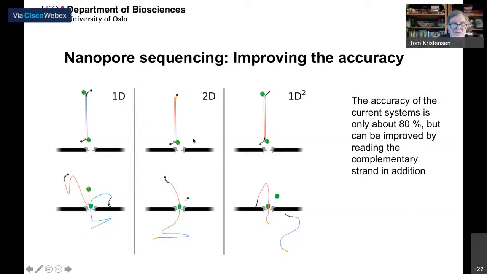In this 2D experiment, they have joined the molecules together at the end here, the direct strand and the complementary strand, so that they first read one strand of the double-stranded DNA and then the other strand. In that way, they can improve the accuracy considerably.